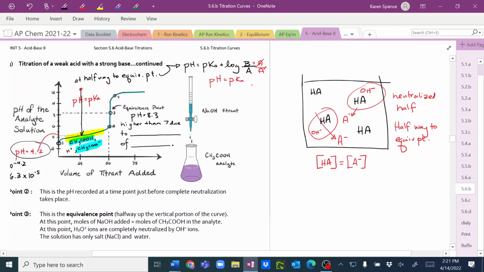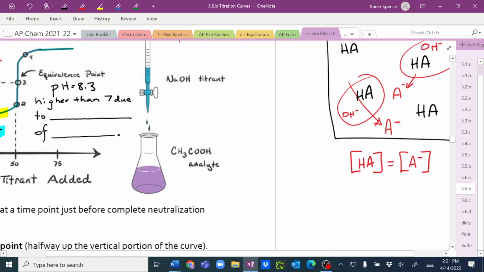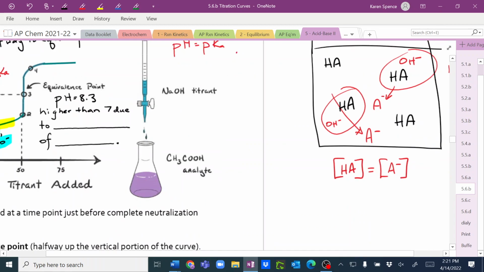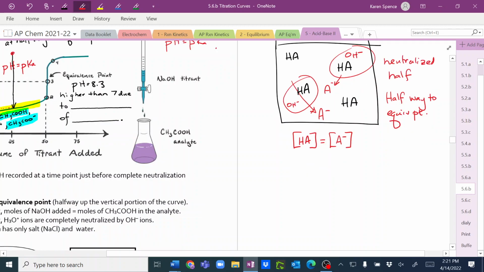So, back to our other question. Why is the pH higher than 7 at the equivalence point? What is in our beaker at the equivalence point?